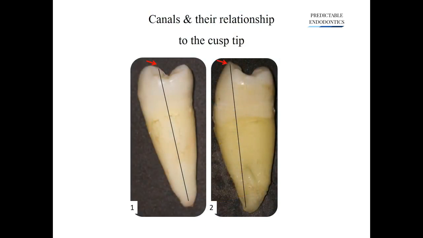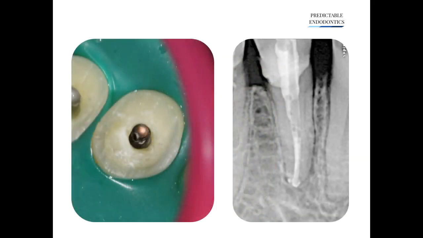And in case you find your file clinging onto one of the walls, either the buccal or the lingual, the chances of it being a two-canal anatomy are quite high. And in all mandibular premolars, it is very advisable to take multiple angle radiographs to see if there is an extra canal present. Just a couple of two-canal mandibular premolar cases here.